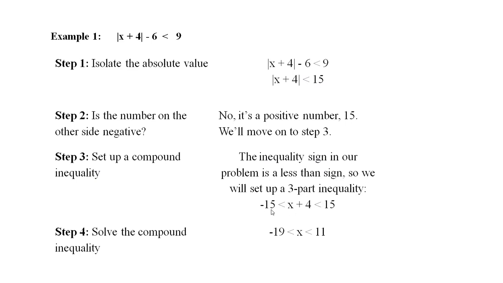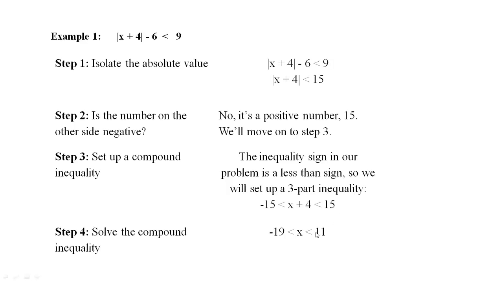Now we can write this inequality separately. X plus 4 is greater than minus 15, so we get x is greater than minus 19. And x plus 4 is less than 15, so we get x is less than 11.